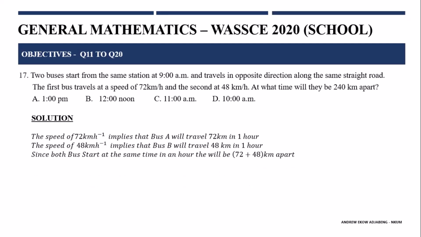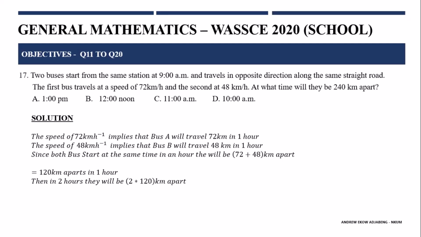Now that we understand that, since they are traveling at the same time, that will be 72 plus 48 kilometers apart. It implies that for the two buses, summing up, they are traveling 120 kilometers apart in every hour, or in 1 hour.